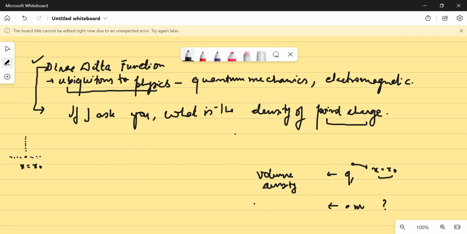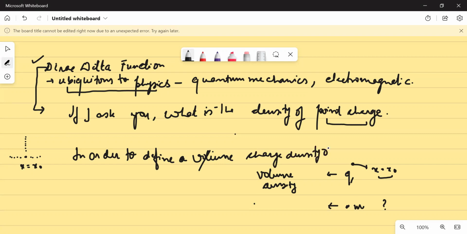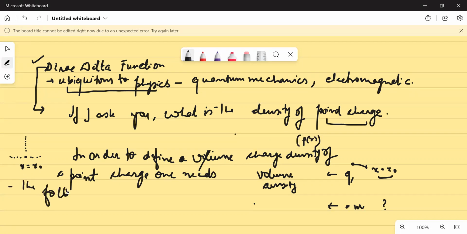What do we need in order to define the volume charge density of a point charge? I'm just giving you an instance example. Let's say it is rho as a function of r.